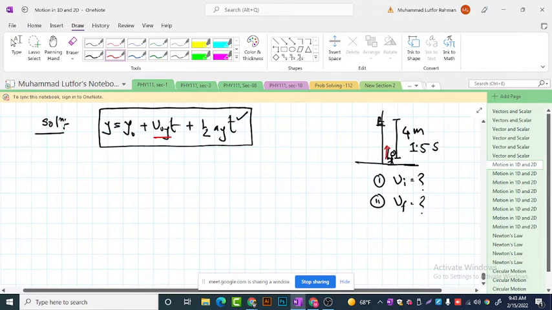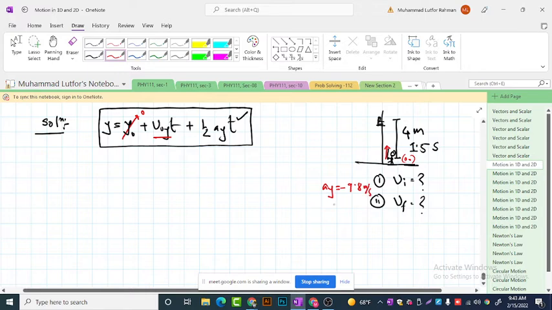That's what I have to find out. t is given, 1.5. y is also given, 4. For y naught I will choose this as my origin, so y naught is going to be 0. Now what is a y? a y is the acceleration due to gravity, which would be minus 9.8 meters per second squared.